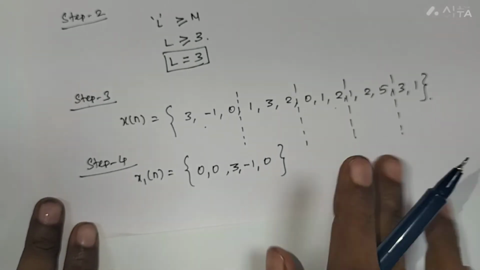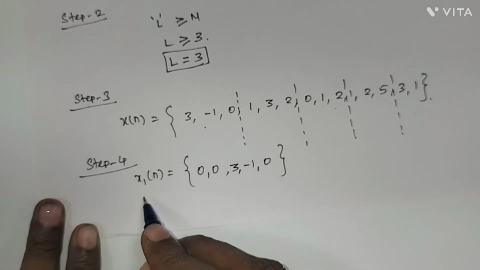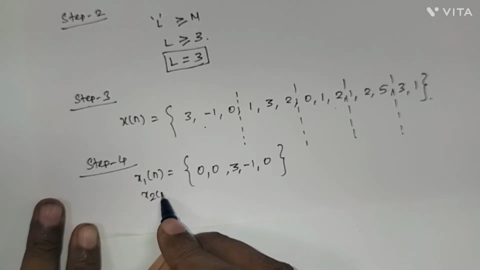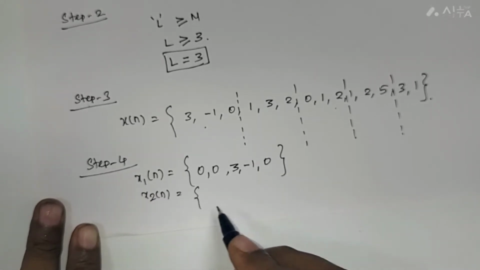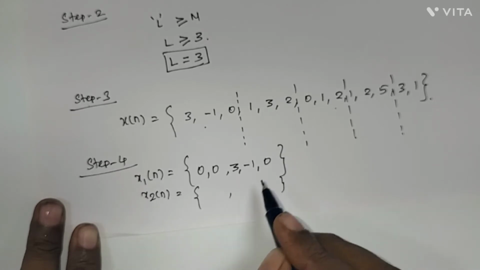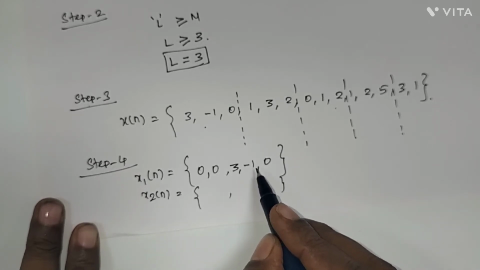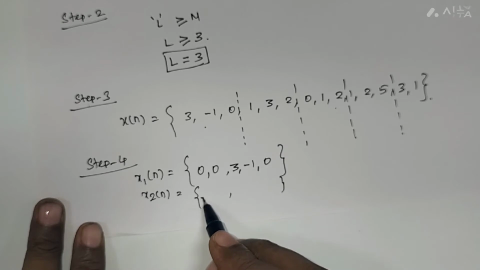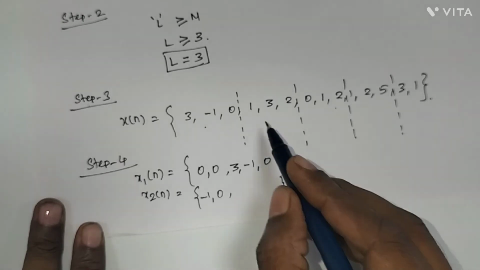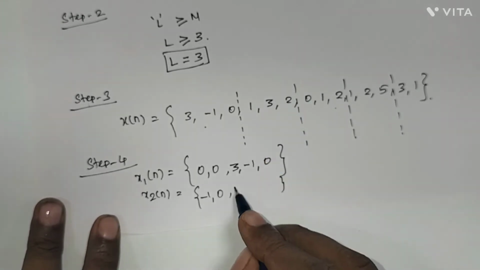The second sequence, x2 of n, that is the first two terms should be the previous terms, that is the past terms, minus 1 and 0, and similarly the next subsequence 1 comma 3 comma 2.